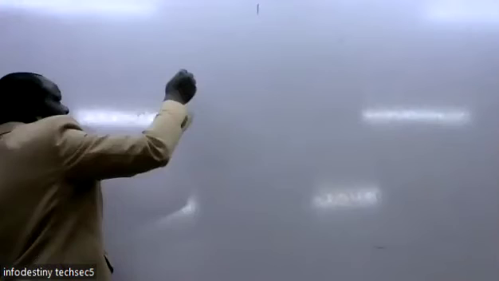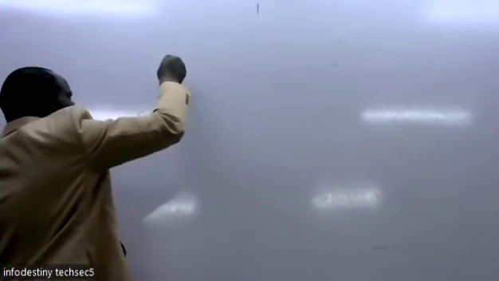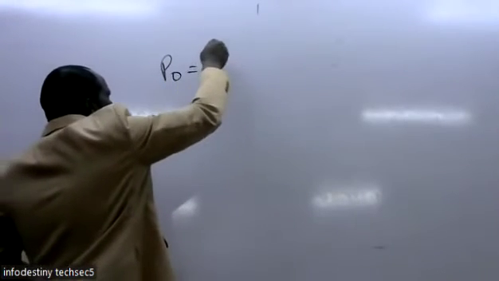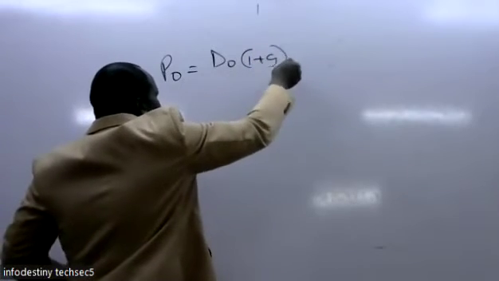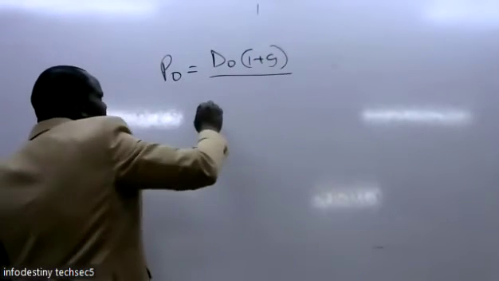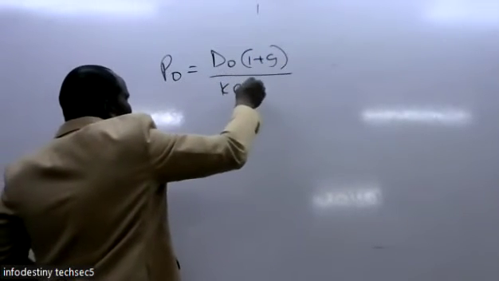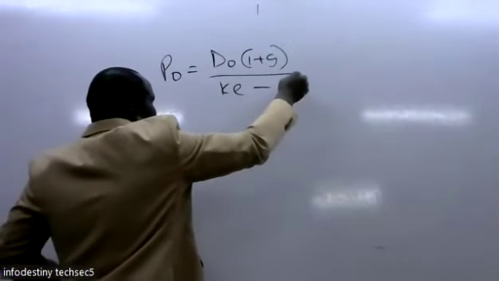To get the value of the share, P0 will be given by D0 in the brackets of 1 plus g, divided by Ke minus g.